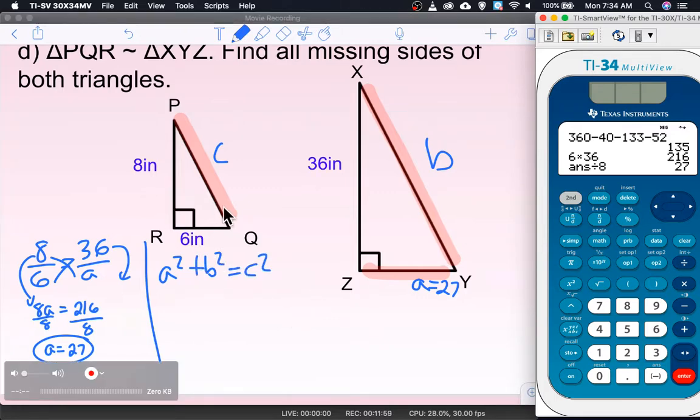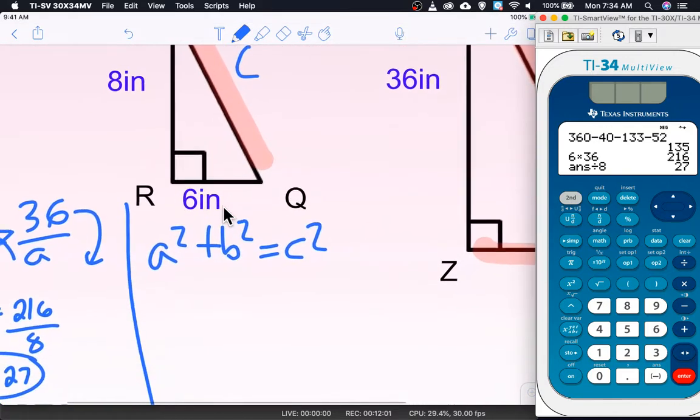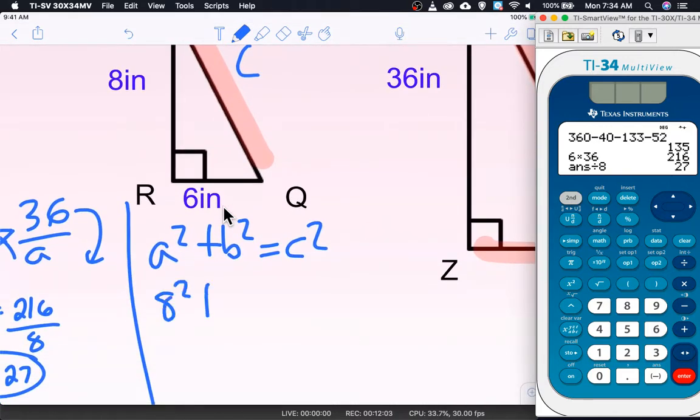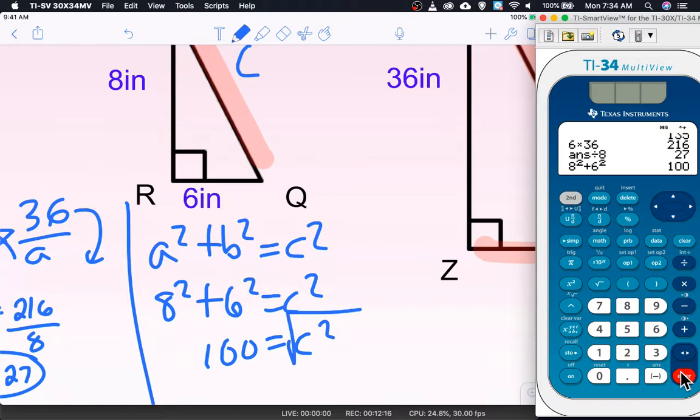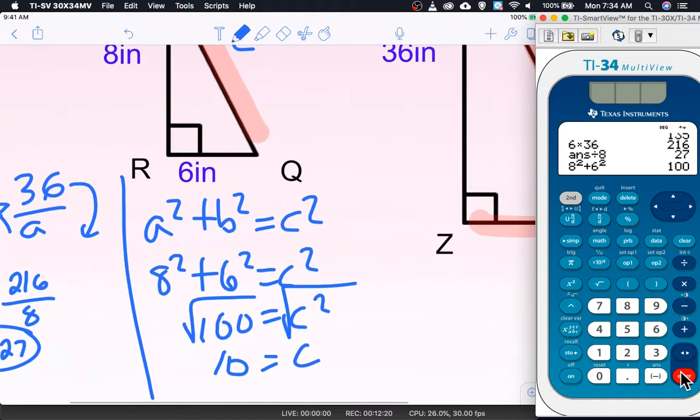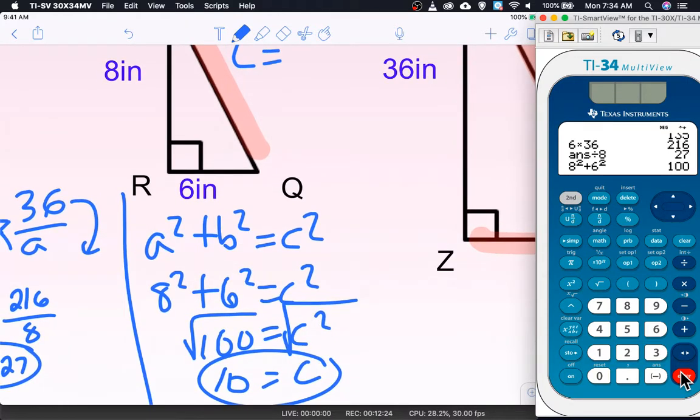So we've got 8 squared plus 6 squared equals C squared, and 8 squared plus 6 squared equals 100. And then when you square root both sides to get the C by itself, you're going to get 10. Square root of 100 is 10. So this is 10.